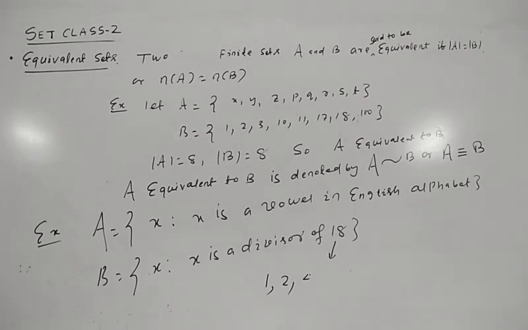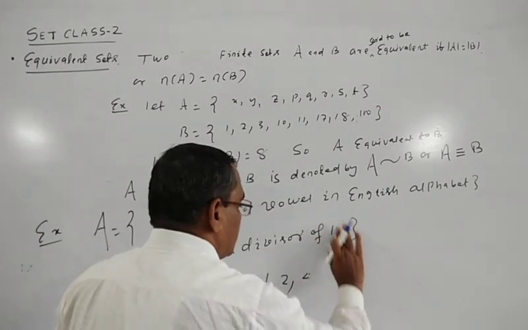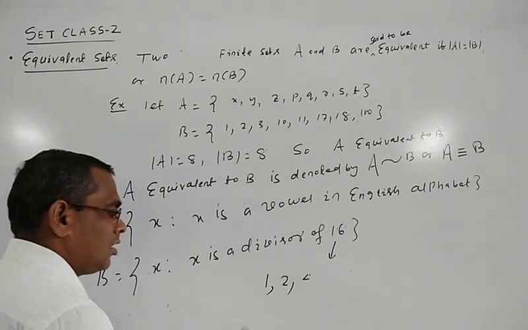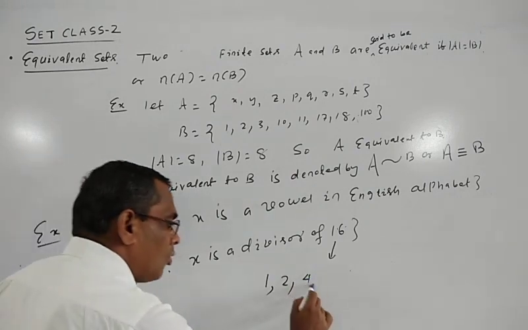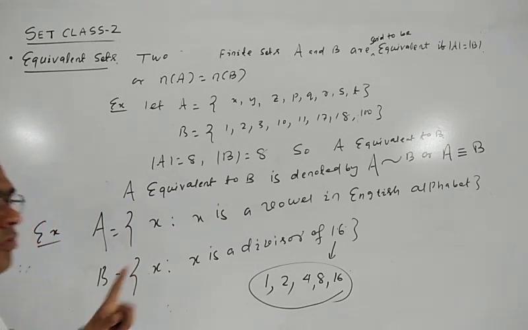Let us take x is a divisor of 16, not 18. B set is x such that x is a divisor of 16. What are the divisors of 16? 1, 2, 4, 8, then 16.